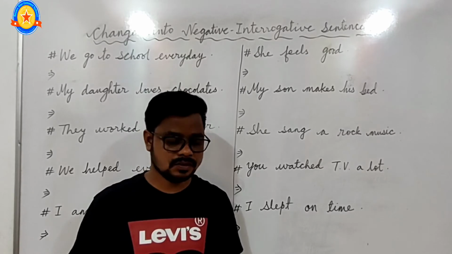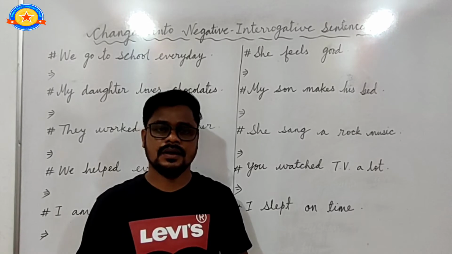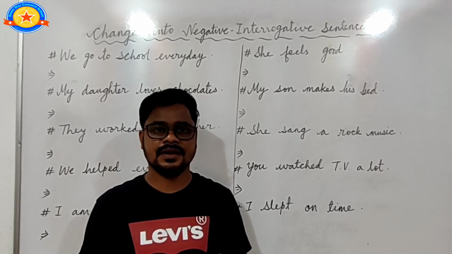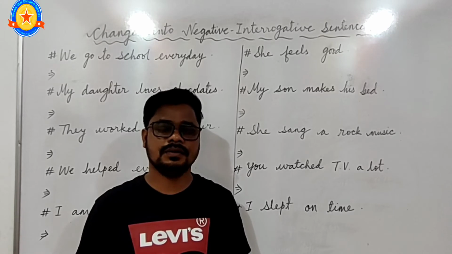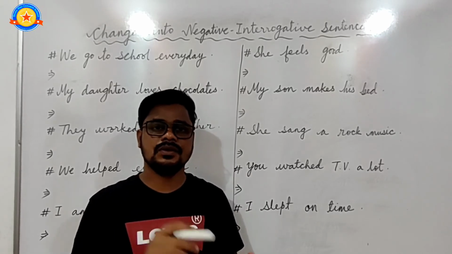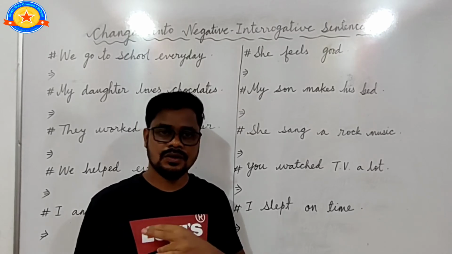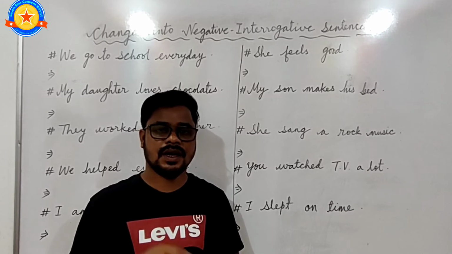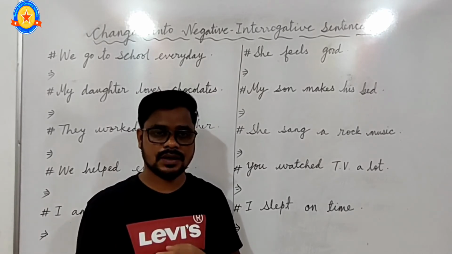So students, first we have to apply the formula. In negative interrogative sentences, first we have to write the be verb, and according to the tense we have to use the be verb. If it is simple present tense, then we use do and does, and if it is simple past tense, we use did.